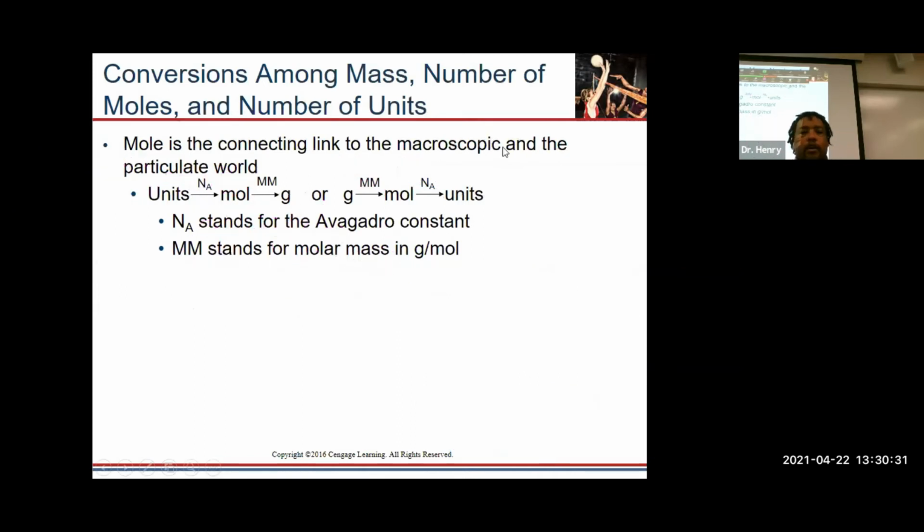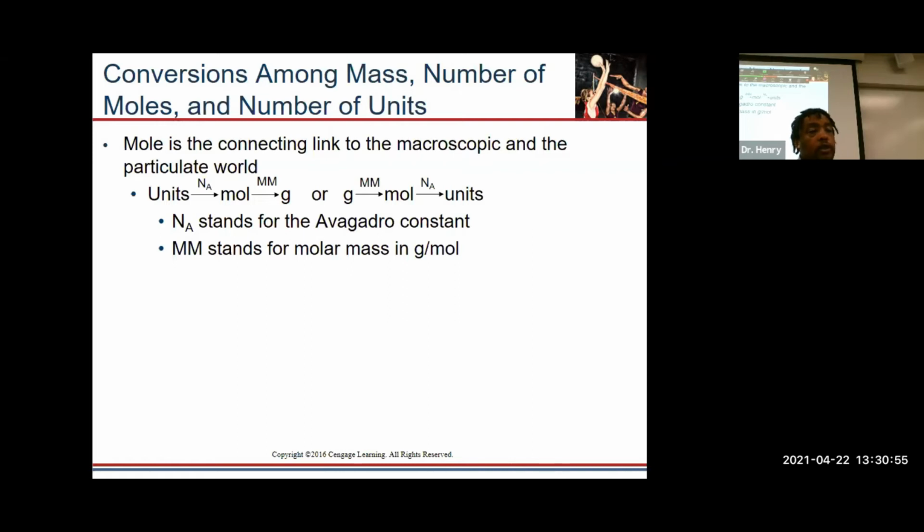Okay. Take home message. If we're given units, meaning quantity, if we're given molecules, atoms, ions, hot Cheetos, right? That's going to be quantity. So we have to use Avogadro's number to go from quantity to moles.